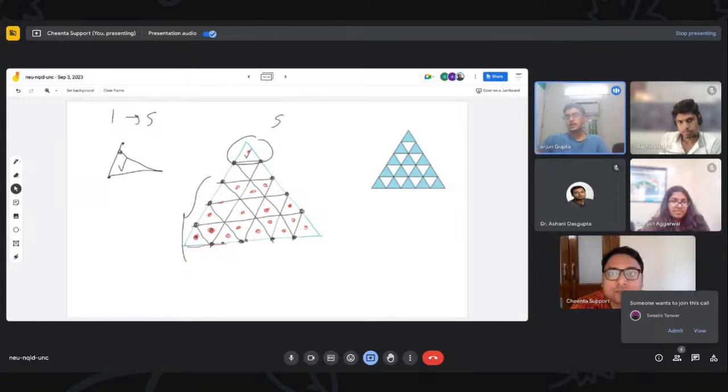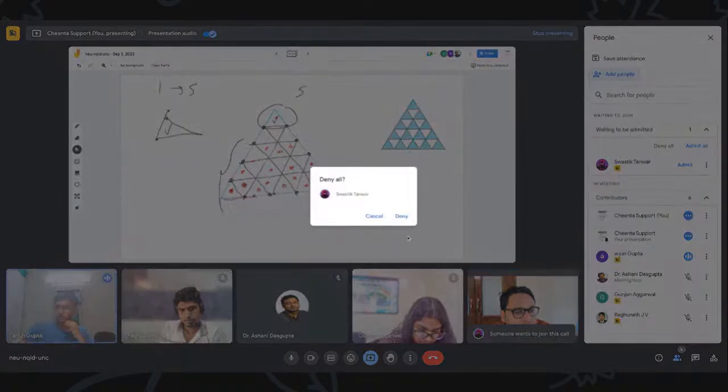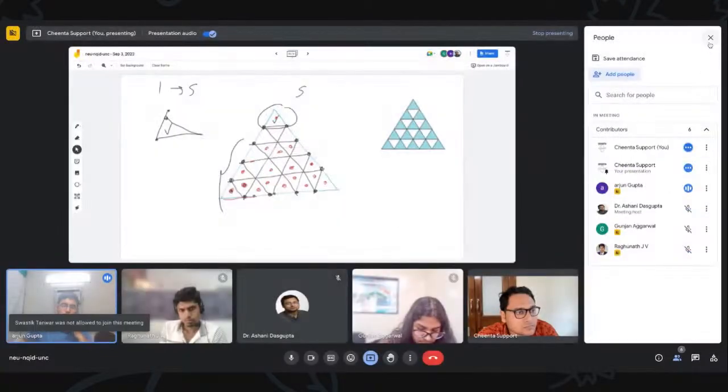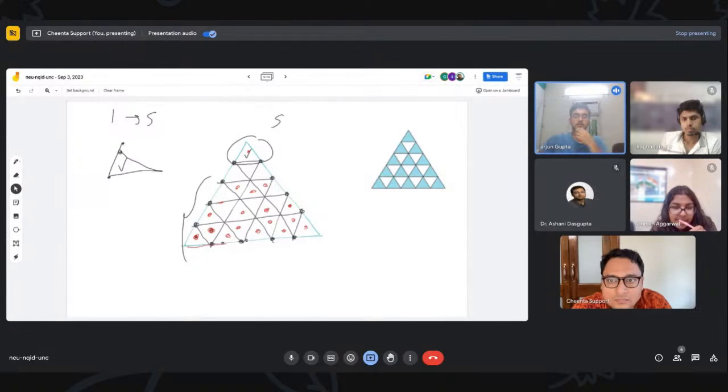What more can I say about this? This is literally how we are doing it. And now one question pops up: what is the motivation behind this construction? How in the world do we wonder that we will color this set of triangles? So one thing is we want to have some sort of symmetry, we don't want to look for very random patterns.